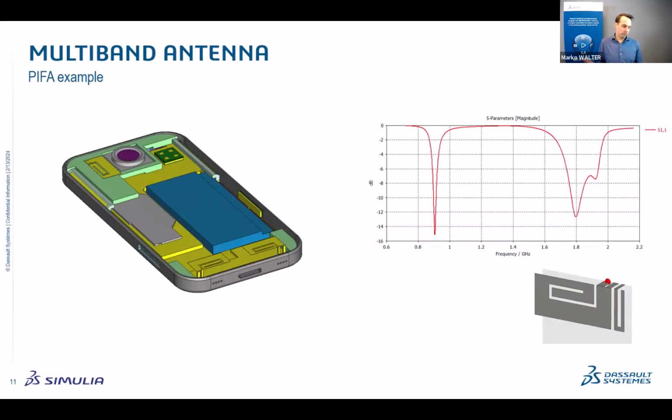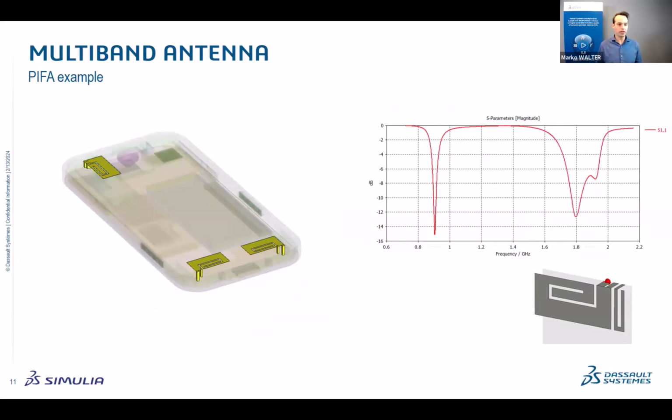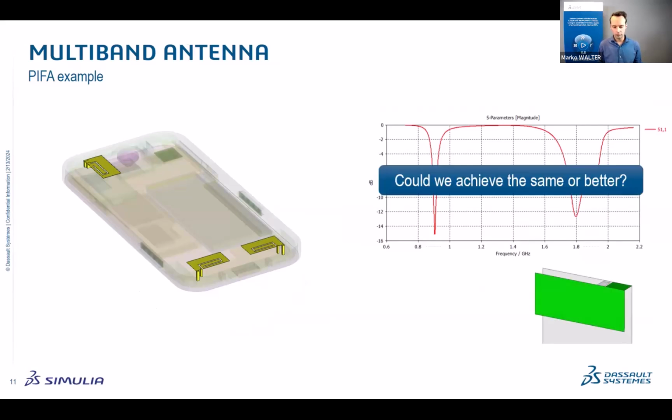Now, another simple example, talking about integrated antennas: PIFA antennas have been used for a long time, and they have good properties for a multi-band response. So the question is, can we take this, just the sheet in the same footprint, and could we achieve something similar or perhaps even better?